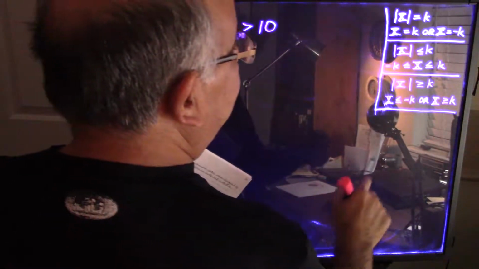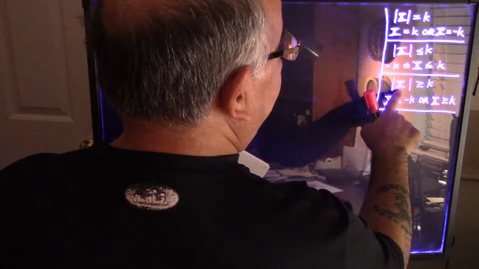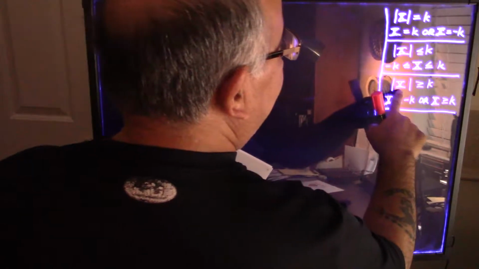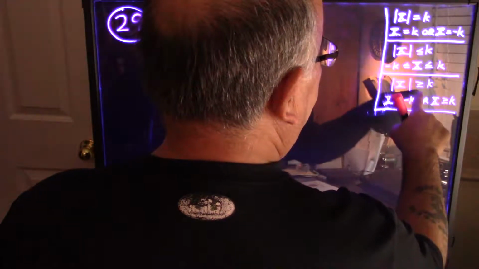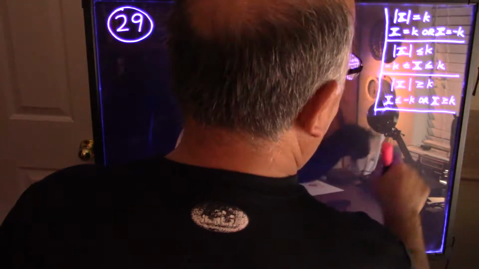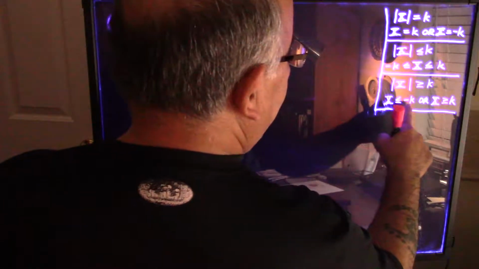So on this one, the capital X represents x minus 2, and the k is 10. So you set it up like this. The inequality is a strict inequality, so you don't write the equal part, but you still use that format.